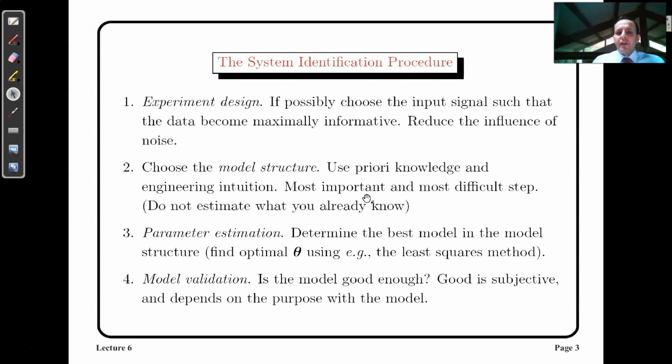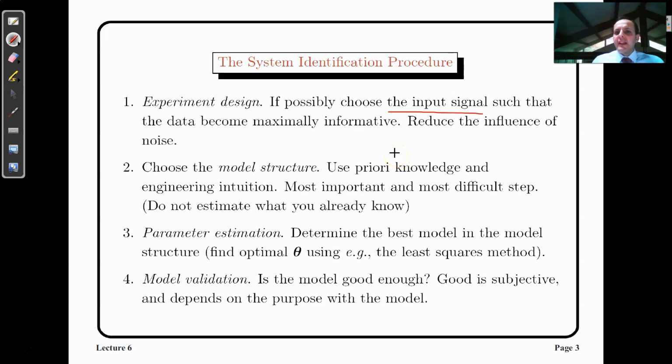So as you may remember, the identification procedure consists of an iterative procedure which consists of different steps. The first one is the experiment design. An important point, as we mentioned earlier, is to choose the input signal.